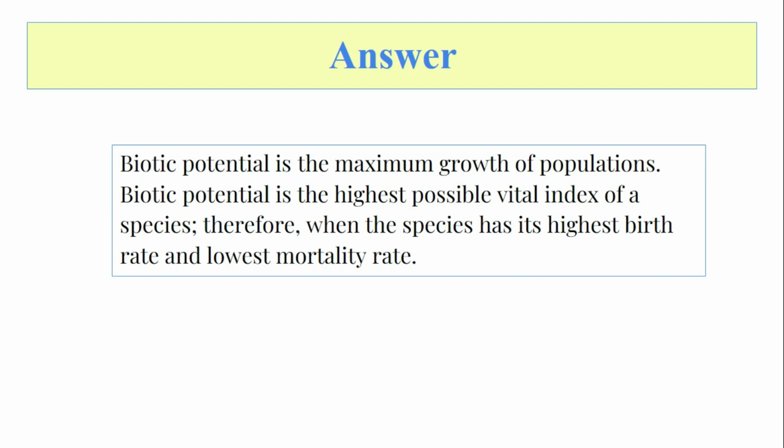For example, in a population of rabbits, the fastest rate at which they can multiply and grow their population, regardless of the environment that they're living in, is referred to as their biotic potential.